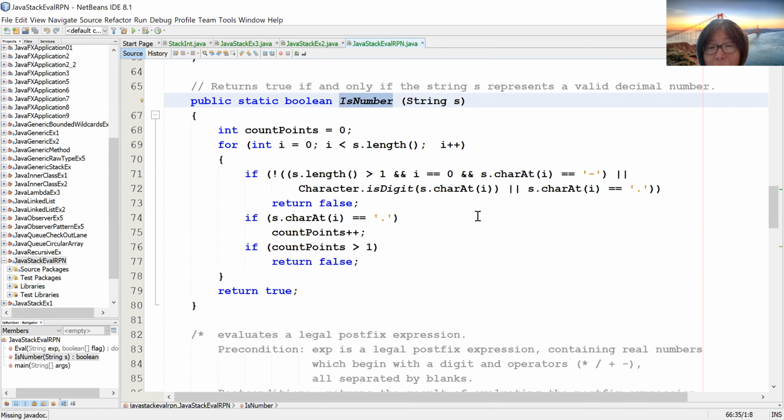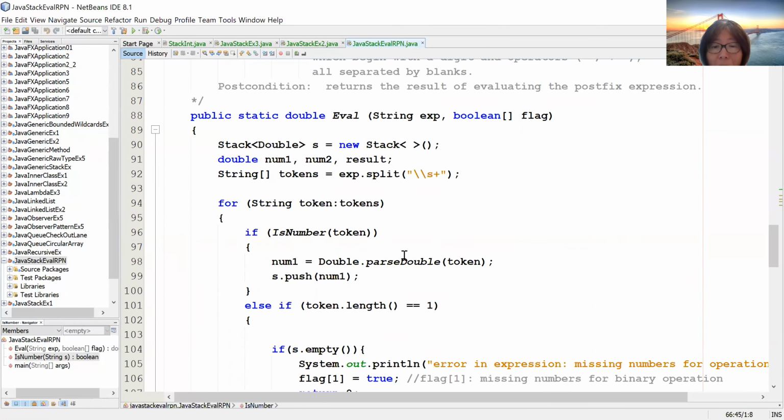So we need a utility function to check if your token is a number or not. Basically this function isNumber does that job. It checks if your string token is a number or not, okay? And it also does the conversion, so you get your number out.